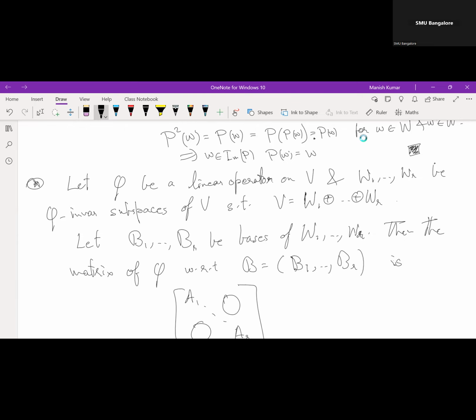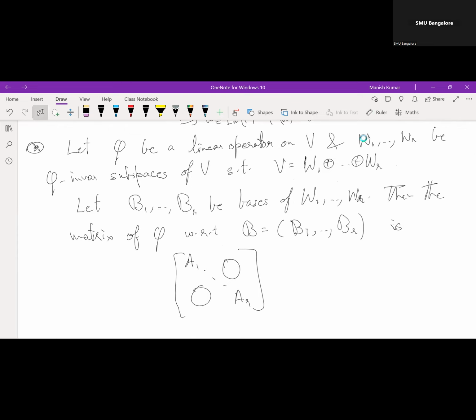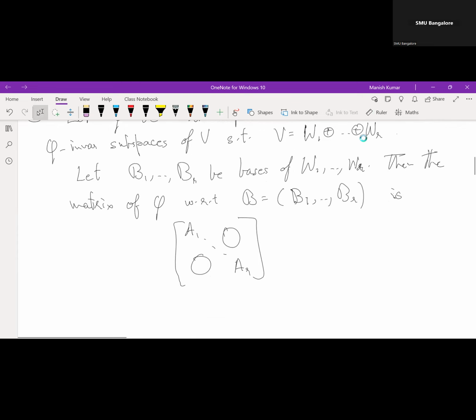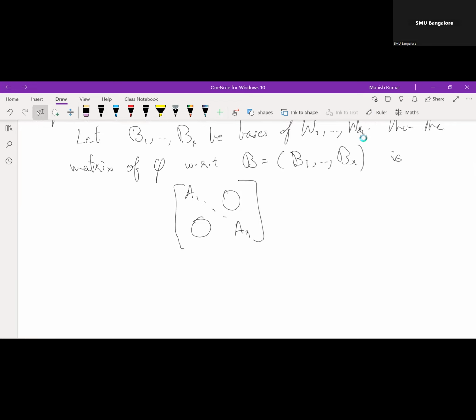So the matrix of phi with respect to B is the block diagonal matrix with A1 to AR, and zeros elsewhere, where AI is the matrix of which operator?